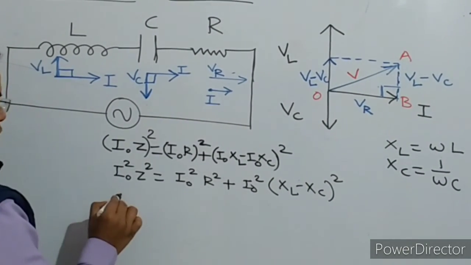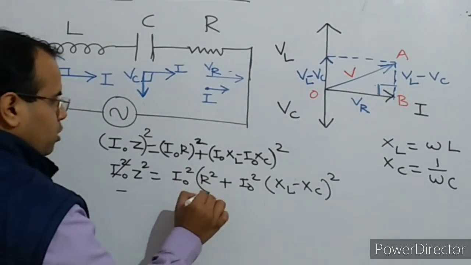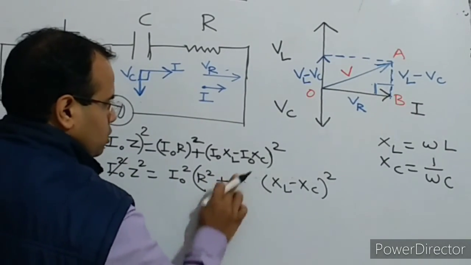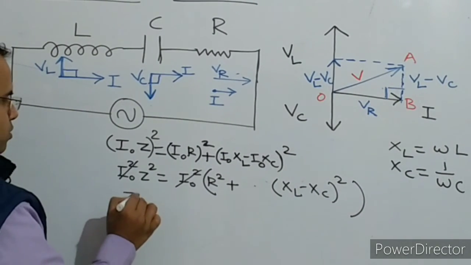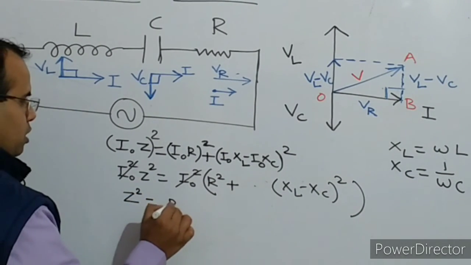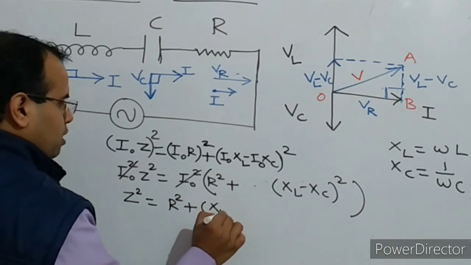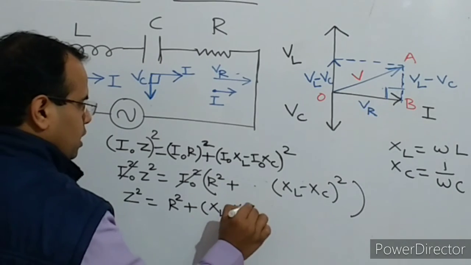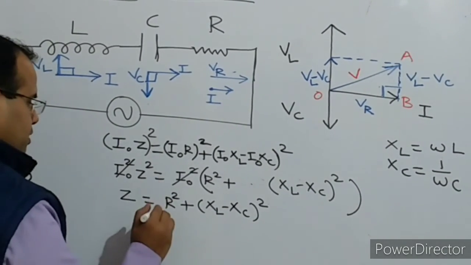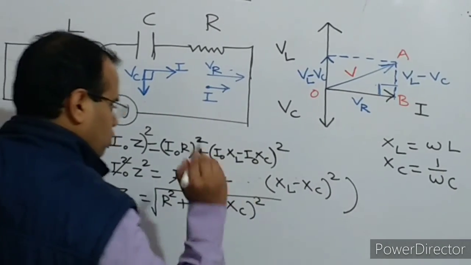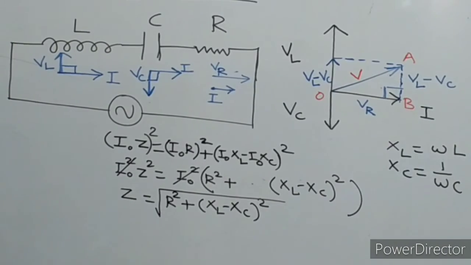Then you can take I naught square common and cancel it, so what is left is Z square is equal to R square plus (XL minus XC) whole square, or you can write it as Z is equal to under the root R square plus (XL minus XC) whole square.